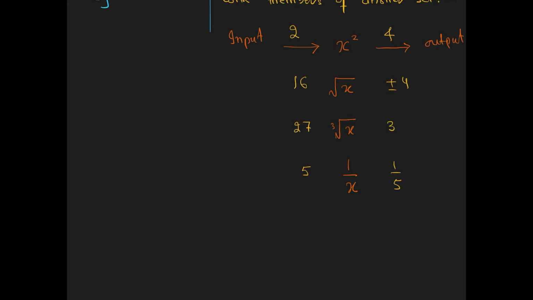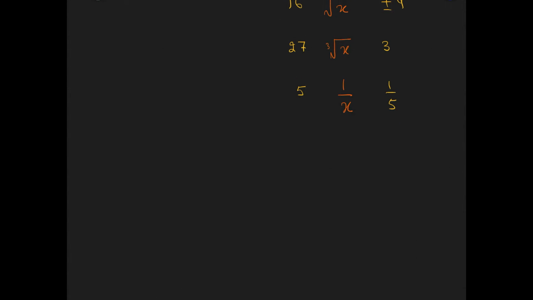Sometimes a given relationship is simply a relationship and is not a function. To check whether a given relationship is a function or not, we can perform a test known as the vertical line test.